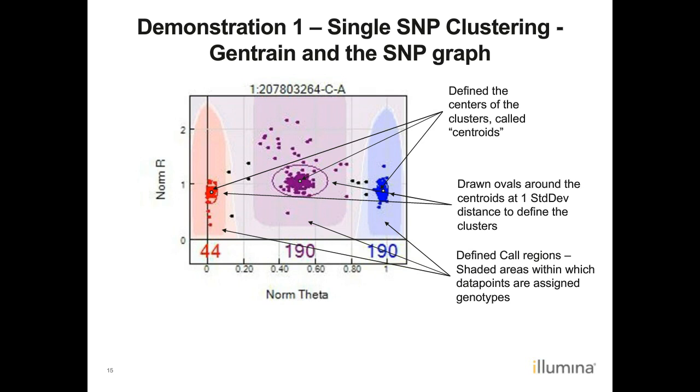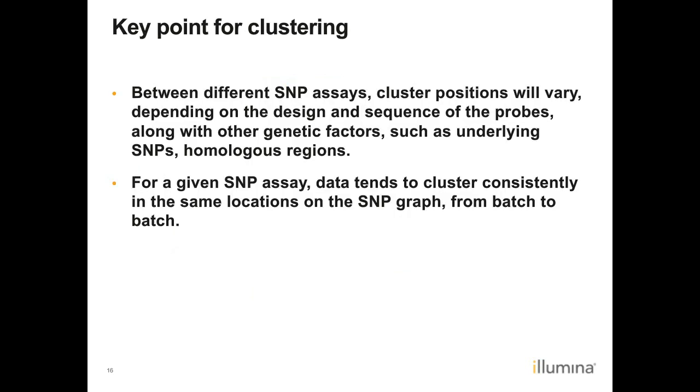Some key points about clustering. If you look from SNP to SNP to SNP, the cluster positions are going to vary. Depending on the design and sequence of the probes, those intensity ratios are going to be different. There are also other genetic factors. For example, there may be underlying SNPs in the target area of the probe. There may be other homologous regions which can bind potentially to the probes and cause some effect on the actual cluster positions.